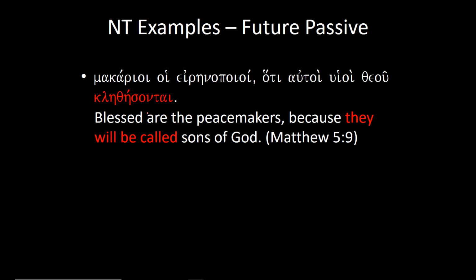Then that other part is the ones who make. Poieō, to make or to do. Blessed are the peacemakers. Hoti autoi huioi theou klēthēsontai. This is from that verb that means to call, kaleō. This is future passive. They will be called huioi theou, sons of God.